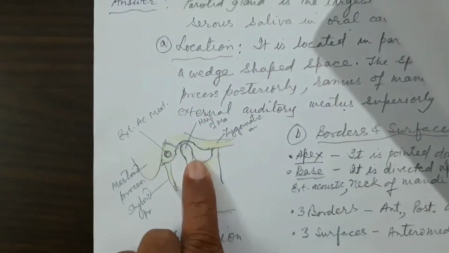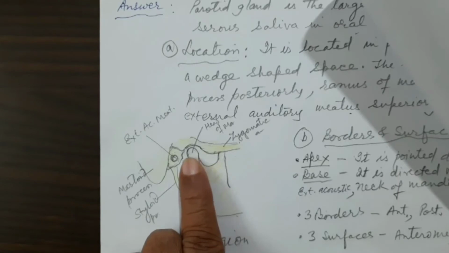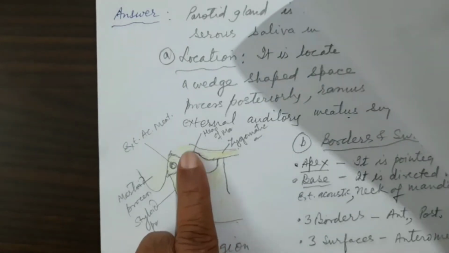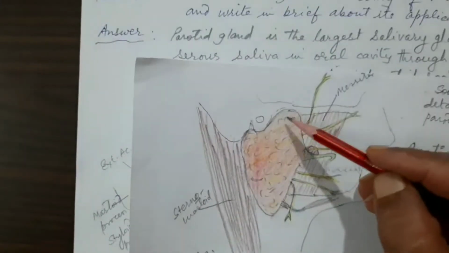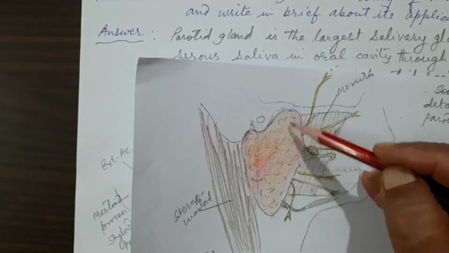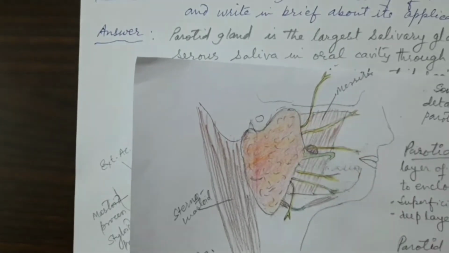I have shown you here. This was the TM joint, temporomandibular joint here, and the gland lies on its lateral surface to cover this joint. You can see here, the TM joint is not seen because the anteromedial surface of the gland is there, under which lies the TM joint.